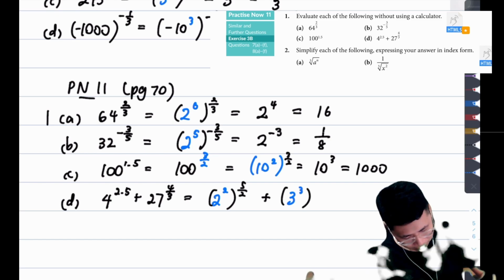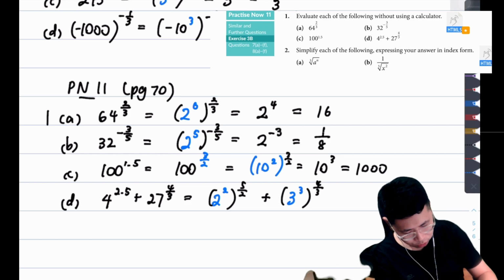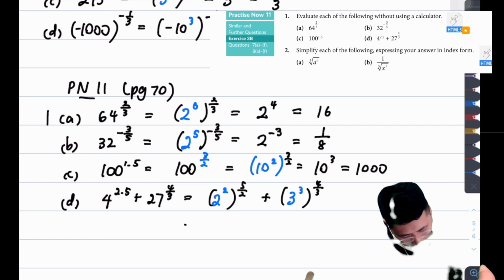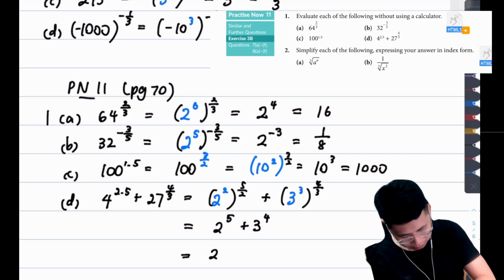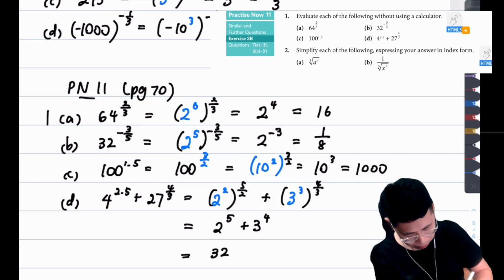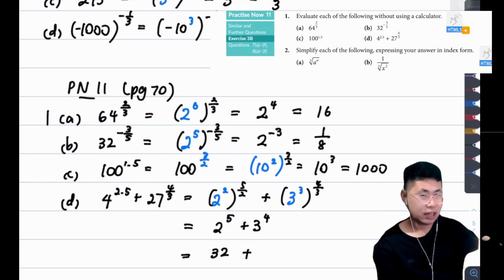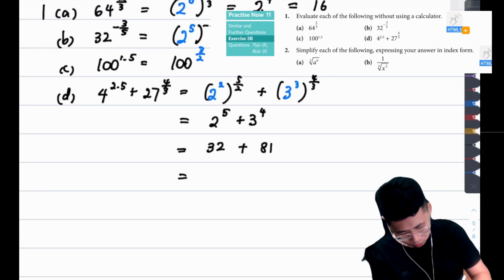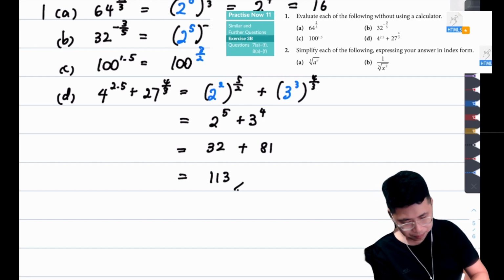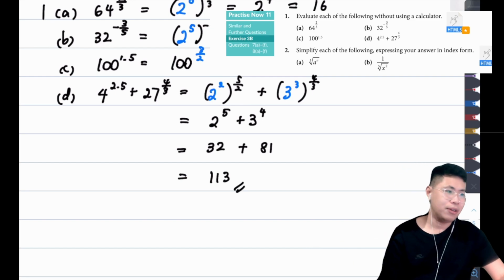Right, and converting to the base, we have 3 power 4 over 3. So over here we have 2 to the power of 5 plus 3 to the power of 4. 2 to the power of 5 is 32. 3 to the power of 4 would be 3, 9, 27, 81. So 32 plus 81 would give me 113. Okay, so there we go.